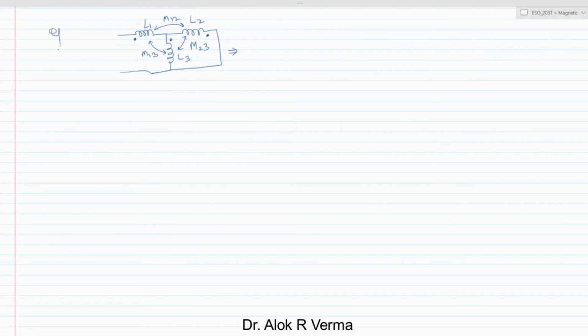Here also you have to see that L1 will be having a voltage drop, then two terms will appear here. Similarly, two terms will appear here, and two terms will appear here. So this is L1, which is L di1 by dt. This is L2, and this is L3. This is L3, and this is L2.